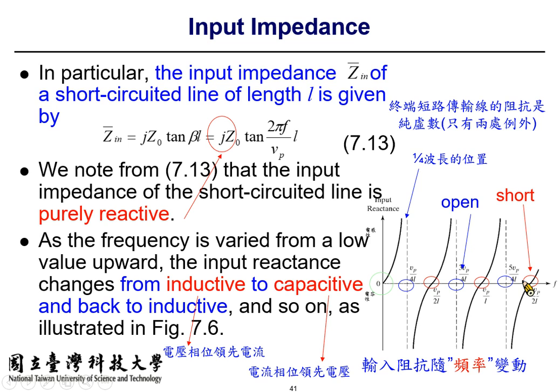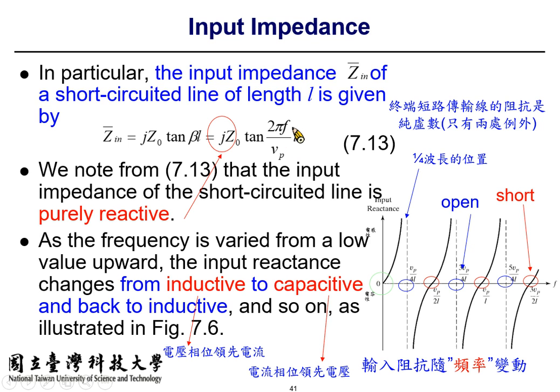So if you draw equation 7.13 on a plot like this, the horizontal axis is frequency and the vertical axis is the input impedance. And we know that this is a pure imaginary number, right?